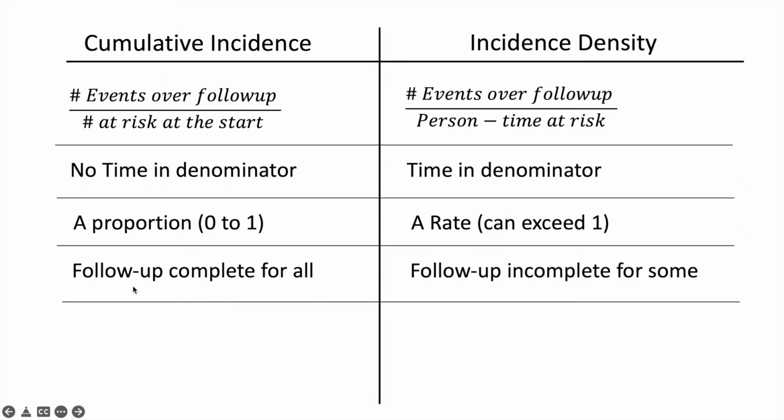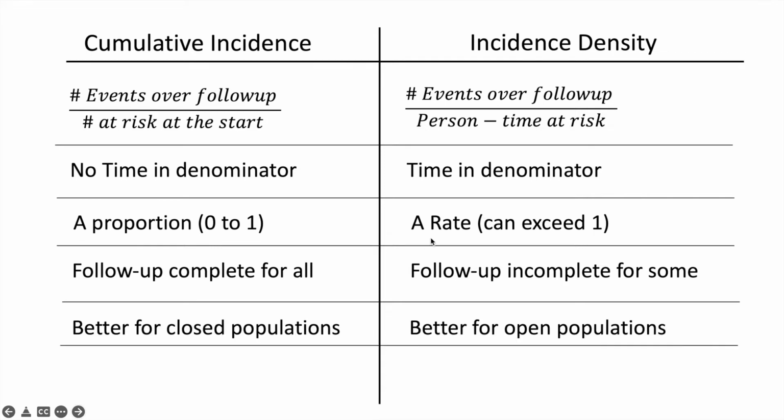Follow-up needs to be complete and the same for everyone in the population for cumulative incidence. With incidence density, since we're figuring out what everyone individually contributed, the time that everyone is followed can vary from person to person. Cumulative incidence is much better for a closed population, and I'm going to talk a bit more about what a closed population is. Basically, it's when the number of people in the study stays the same over time.